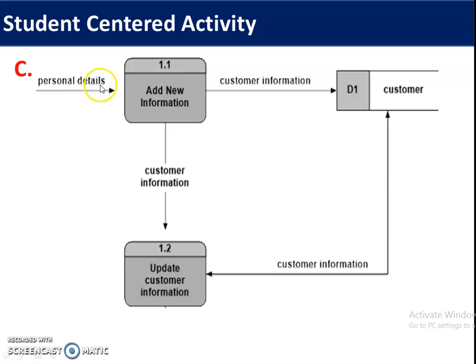And take note that whatever inputs or outputs the parent has in level 1 will also be the same inputs or outputs that the child will get. So this is an example of level 2.